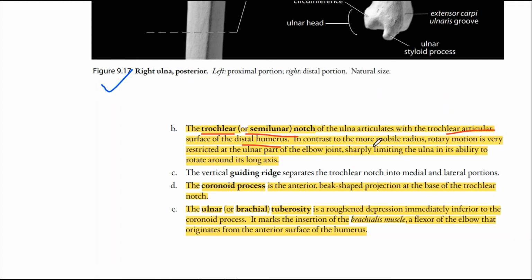In contrast to the more mobile radius, the rotatory motion is very restricted at the ulnar part of the elbow joint, sharply limiting the ulna in its ability to rotate around its local axis.